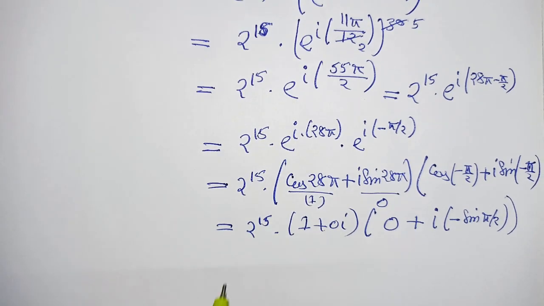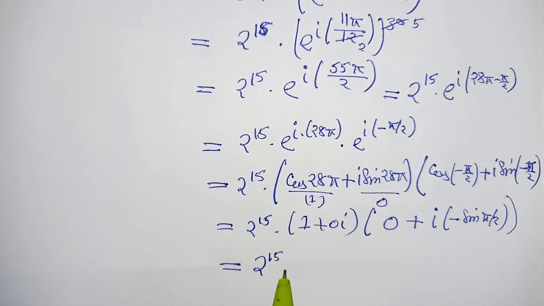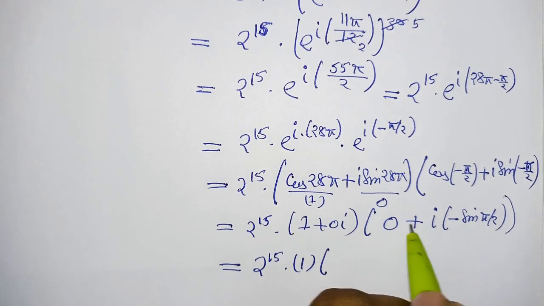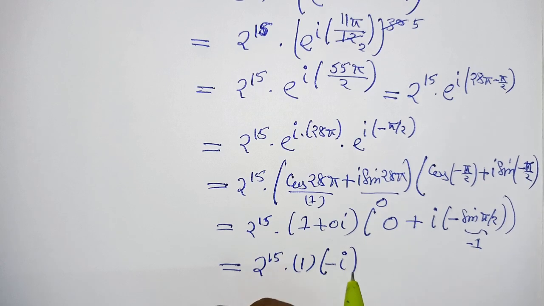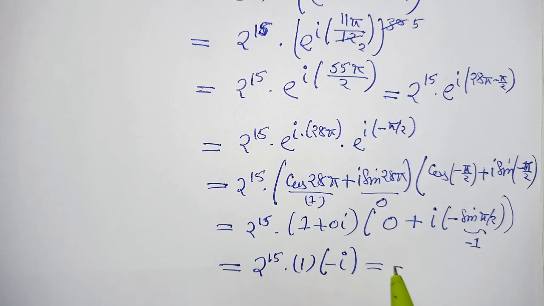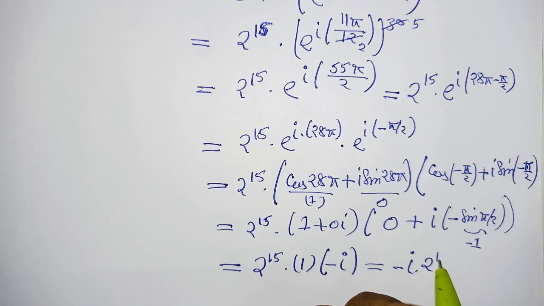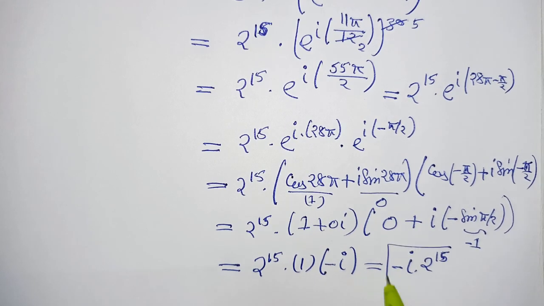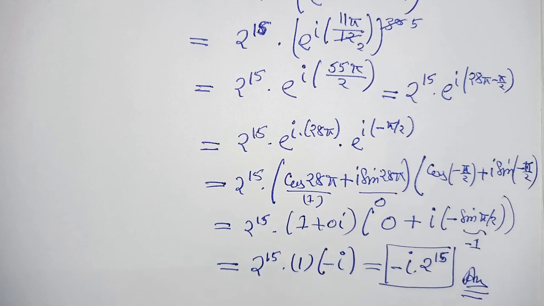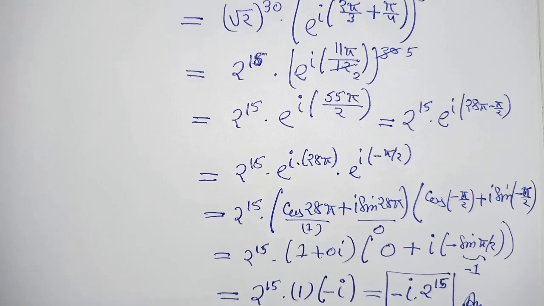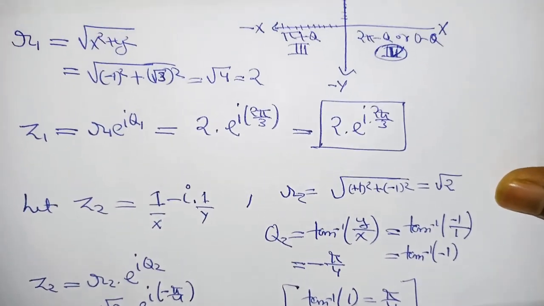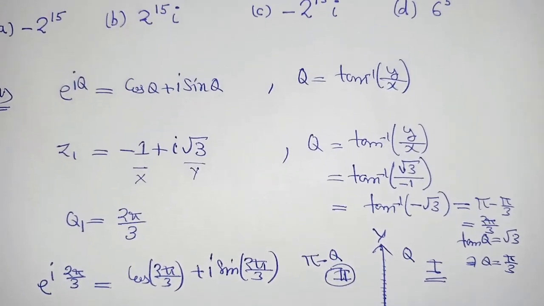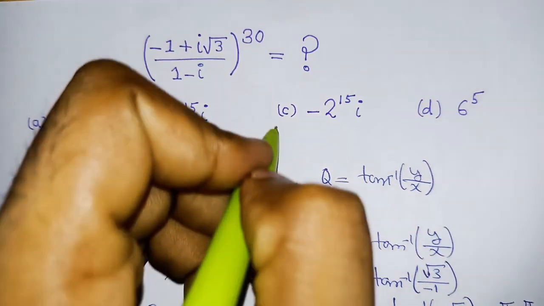And finally we have our answer, that is 2 power 15 into 1 into this whole part, which is nothing but 1, so we have minus 1, so minus iota, which is equal to minus iota into 2 power 15. So this is the answer of this exponential form. So option C is the correct answer.